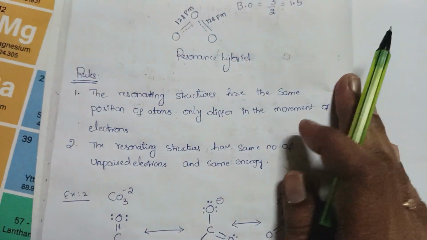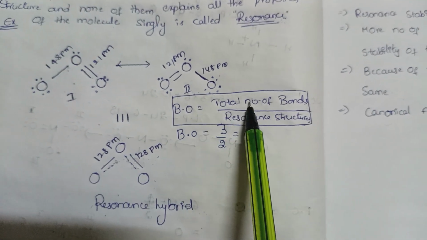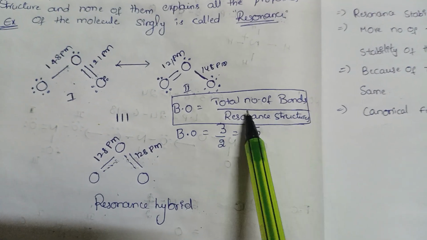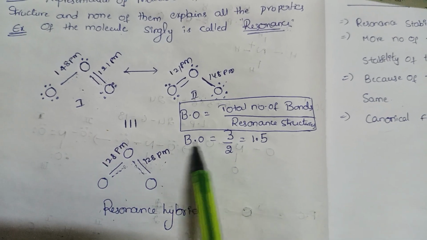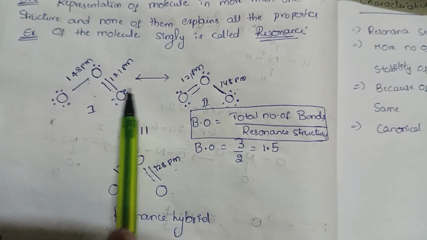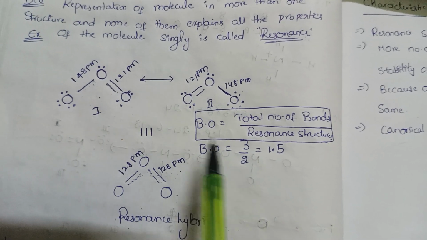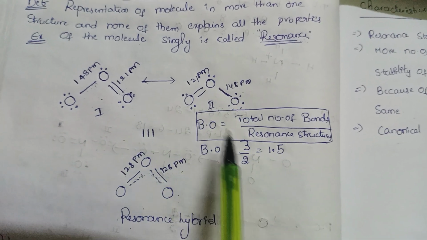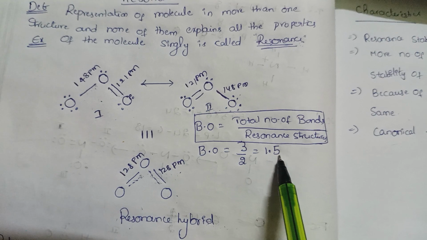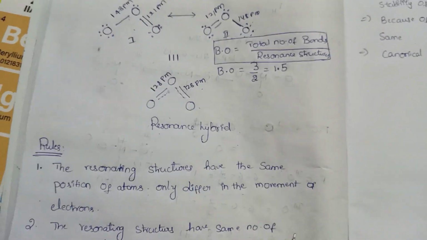Bond order is equal to the total number of bonds divided by the number of resonance structures. If we take ozone, the total number of bonds is 1, 2, 3, and how many resonating structures are there? 2. So 3 by 2 equals 1.5 bond order.